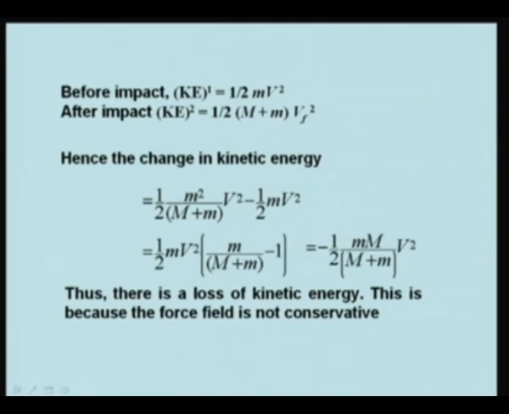One can take half m v square common, which gives you m divided by (m plus m) minus 1, that is equal to minus half m divided by (m plus m) v square. Thus, there is a loss of kinetic energy.